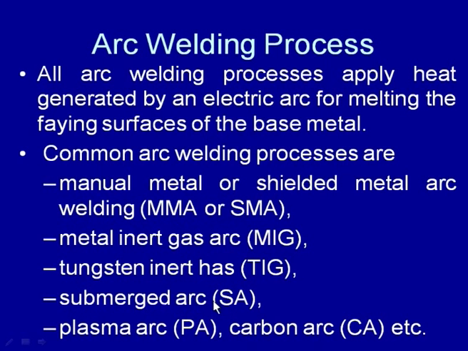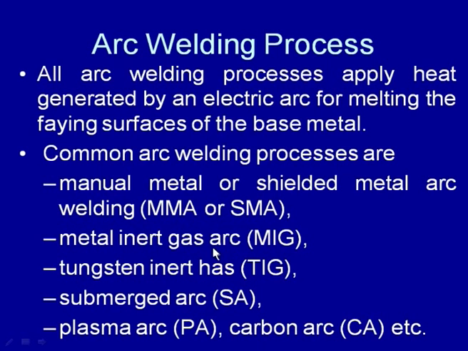Similarly, in the submerged arc welding process, abbreviated as SAW, the arc is submerged under granular flux, and that is why it is termed submerged arc welding. Similarly, we have the plasma arc and the carbon arc welding processes.